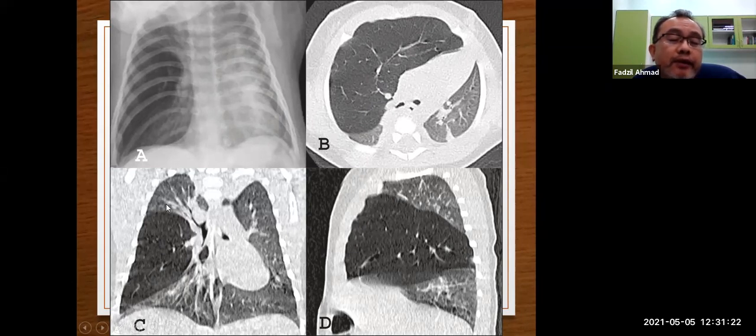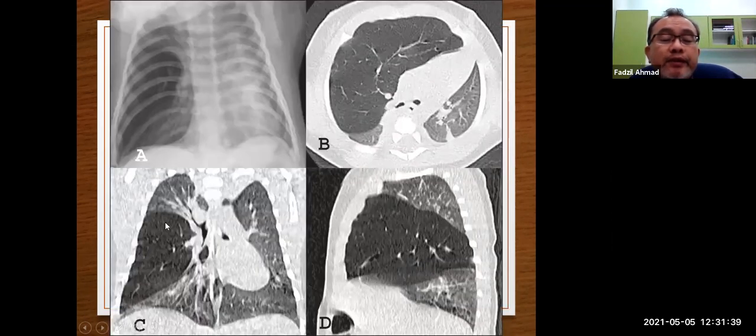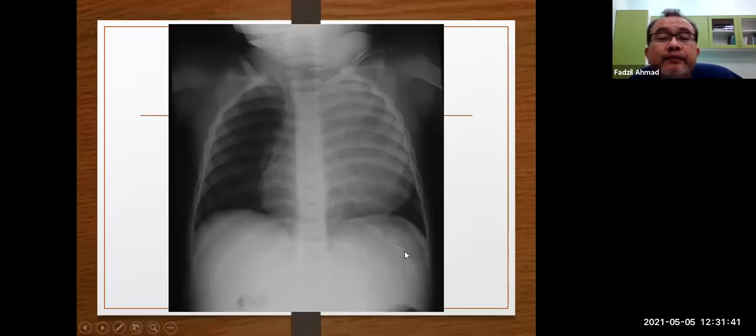In adults it is seen in smokers, but in newborns they can develop this abnormality of the lung. This one is the easiest. We just cut it out.